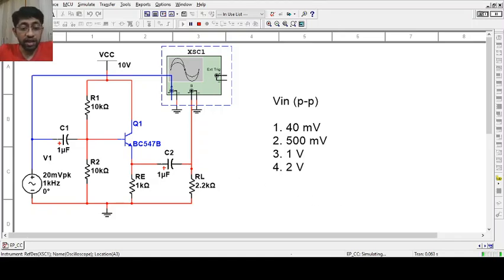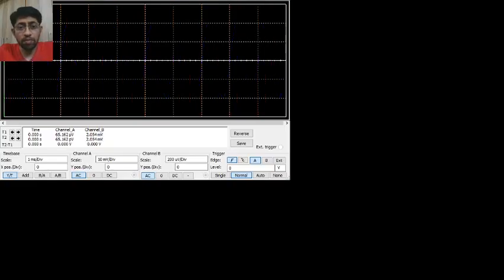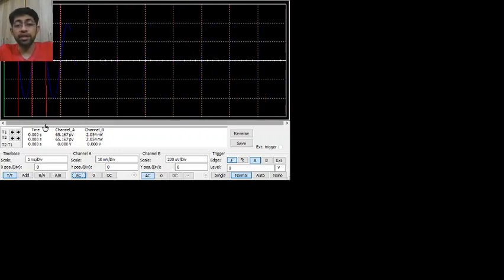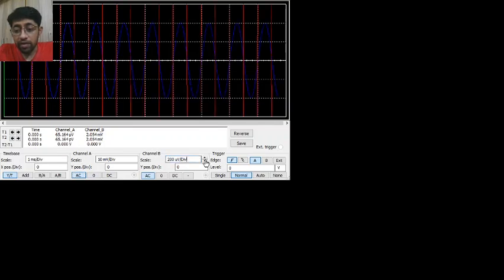Now let us observe the oscilloscope screen. Here you can see how it looks. This is the oscilloscope, and let me set it properly. The blue one is your input and the red one is your output.